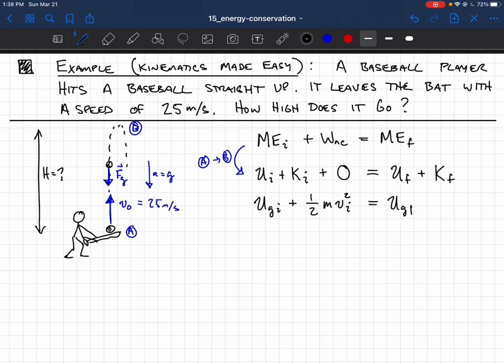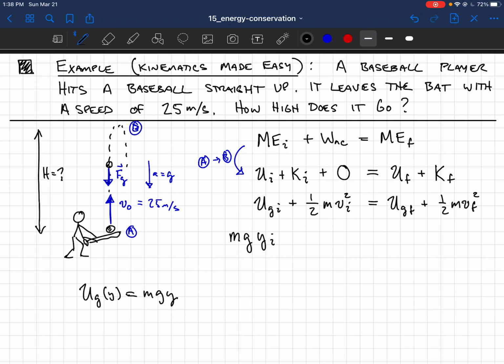And then U final is U_G final, and kinetic final is 1/2 m v final squared. Okay. Now I have U_G initial, but I have an equation for the potential energy due to gravity, and that is m g y initial. Remember, U_G as a function of y is equal to m g y.